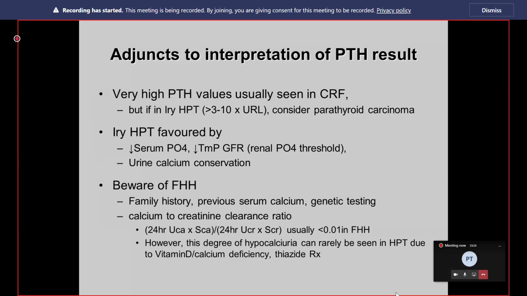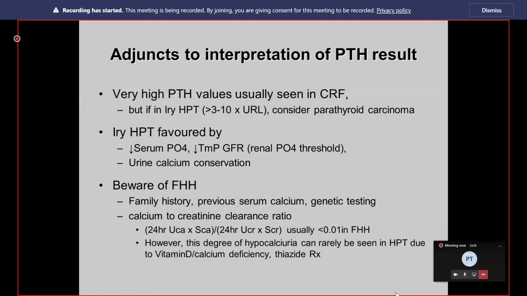So, adjuncts to interpretation of PTH results. When we interpret the results, there are some points to consider. Now, very high PTH values are usually seen in the laboratories in patients who are on dialysis or have chronic renal failure.